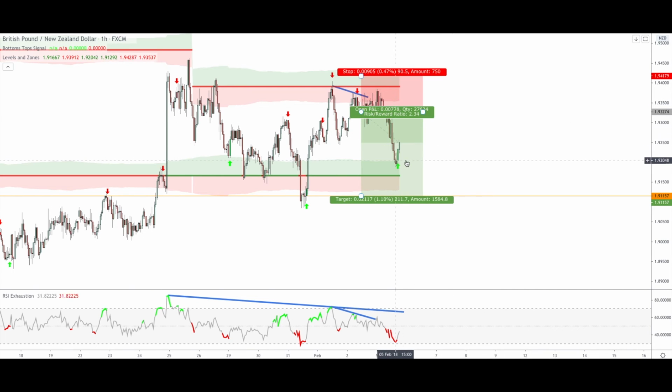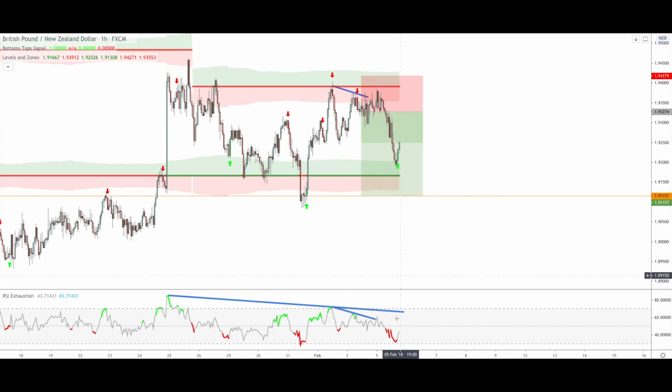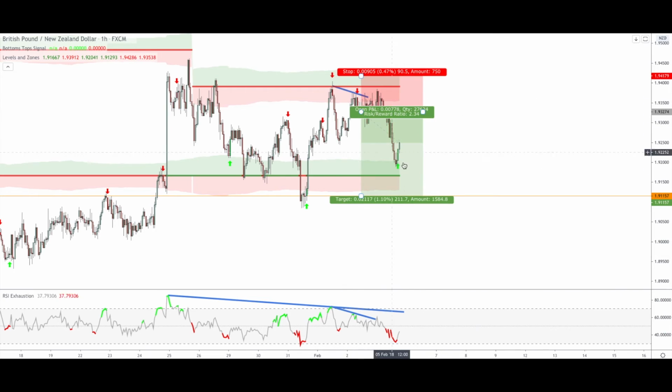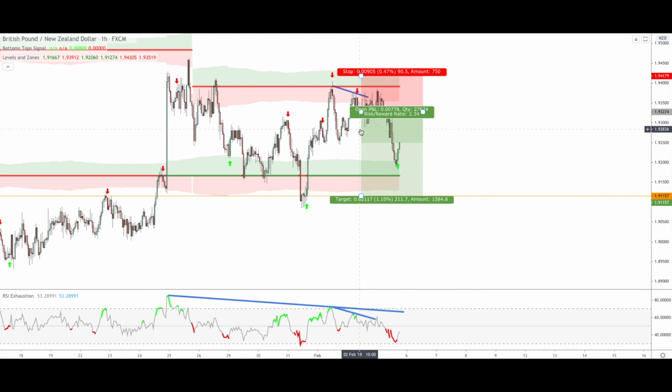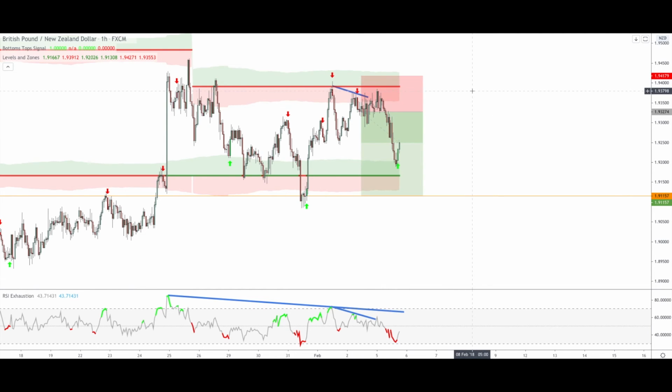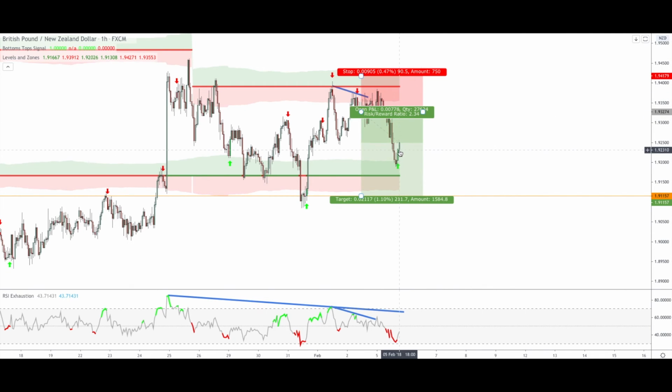This is not the case to me, by looking at the RSI, by looking at the whole price action, and by considering the fact that I'm still confident in our initial analysis. So from a technical point of view, nothing has changed since our initial analysis. So as long as nothing changes, you should not be concerned.